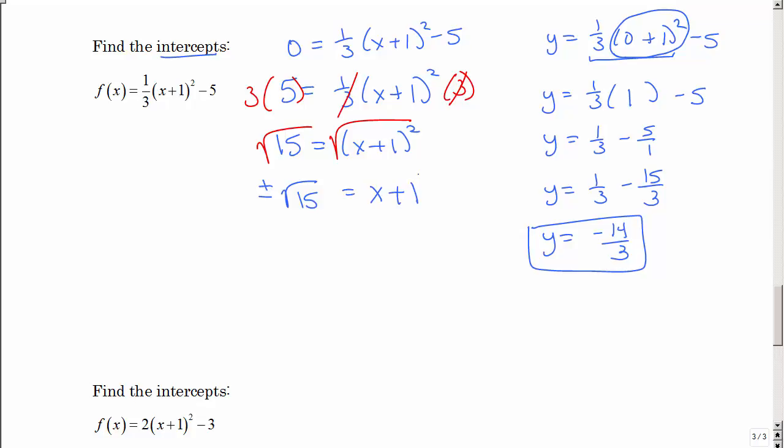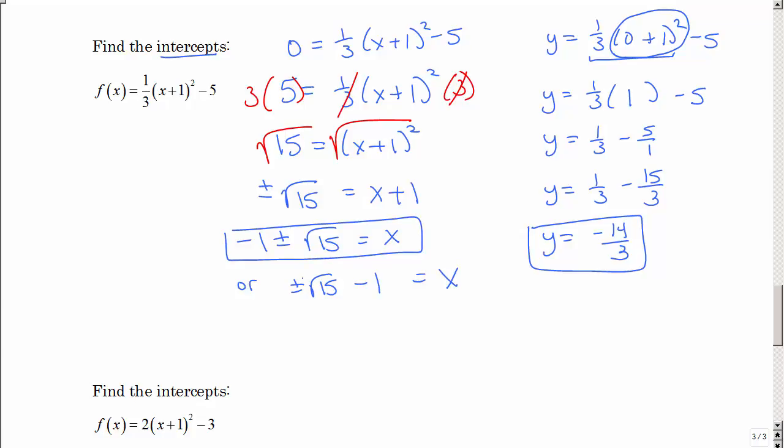I cannot simplify 15 any further, or the square root, so now I'm just going to subtract 1. Or, of course, you could write your answer like that. Both are correct. So those are my x-intercepts that, of course, I could not read from the graph. And I don't think I could read that unless my graph was just perfect. So ugly answers, but you can get them from algebra.